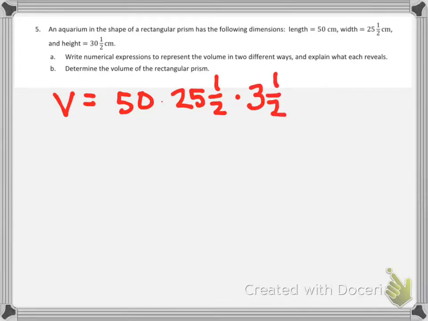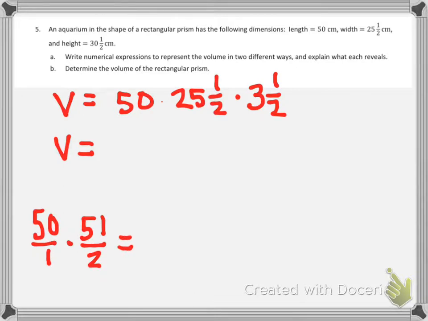So there's one way. The next way would be to find the area of the base. And the area of the base is going to be 50 times 51 halves. So 50 over 1 times 51 halves. 50 times 51 is 2,550 over 2.